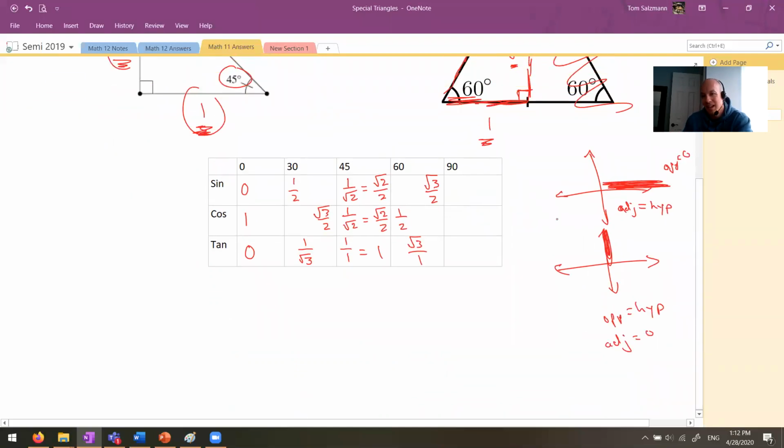So in that case, sine, which is opposite over hypotenuse, will be 1/1. And the cosine, which is adjacent over hypotenuse, will be 0 over anything, which is 0. And then finally, we have tan, which is opposite over adjacent. So anything divided by 0 in math is undefined.